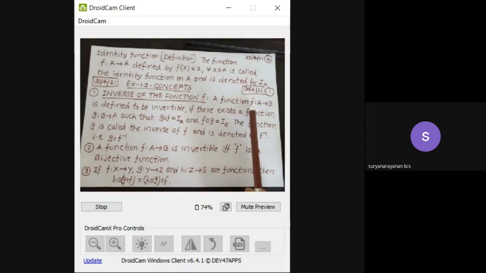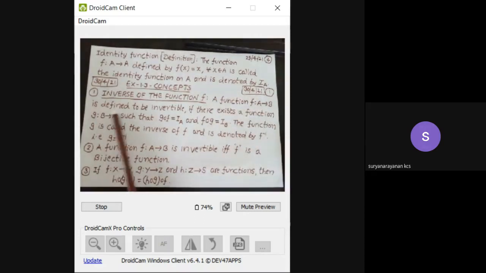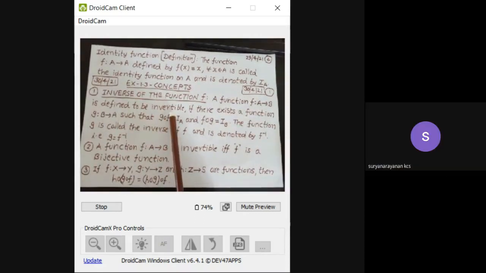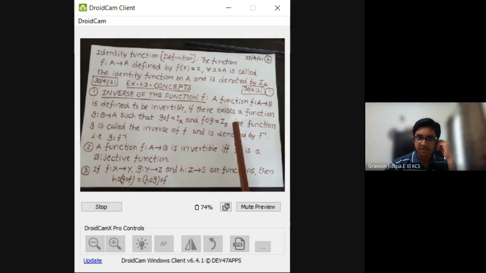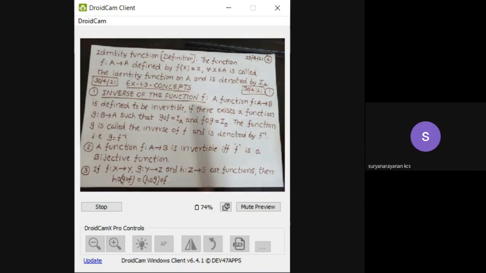A function f is a mapping from A to B, defined to be invertible if there exists... What, my dear Grayson? Sir, you have written inverse of a function as a topic. Yes, today's topic is inverse of a function. We are going to discuss what is meant by inverse of a function.